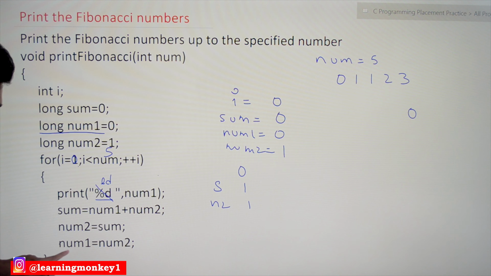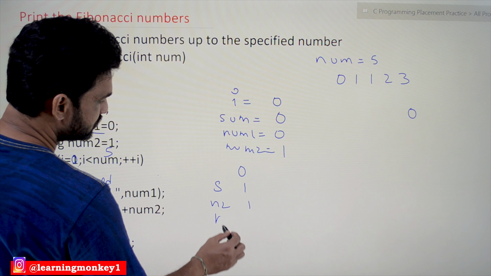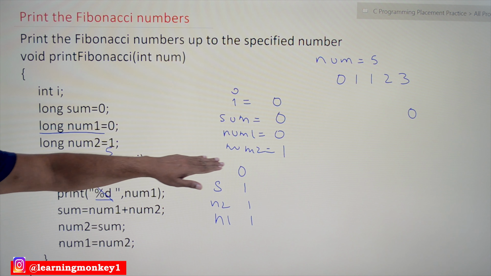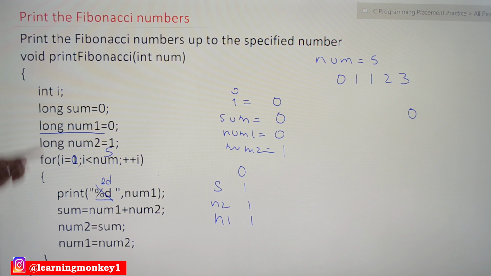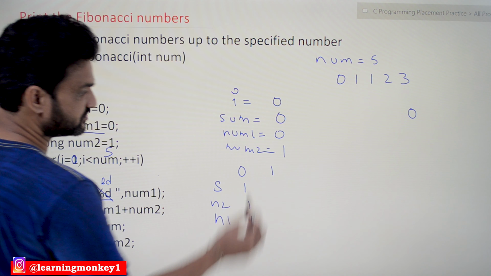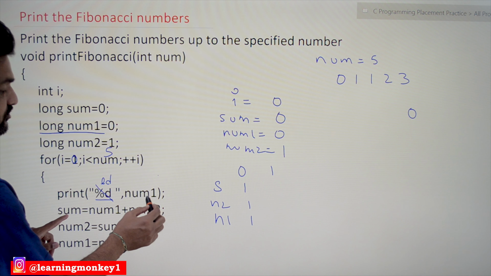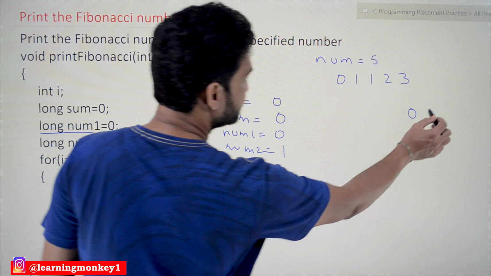It is 1. num1 is equal to num2, so here num1 is equal to num2, which is 1. Okay, the 0th iteration has been done. In the second iteration, where the value of i is equal to 1, now check, what do we have to print? We have to print num1. What is the value of num1? It is 1.